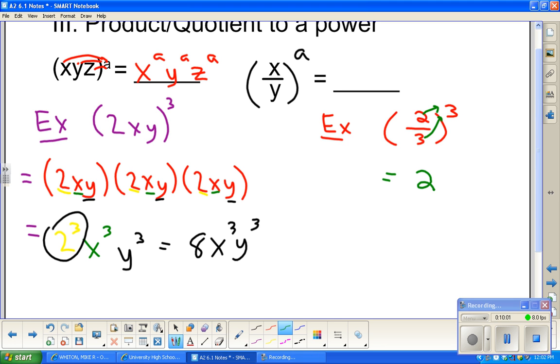So 2 to the third over 3 to the third. And then you just simplify each and write it as a fraction. 8 over 27, that's it. So the rule: the numerator to the exponent and the denominator to the power. X to the a over y to the a.